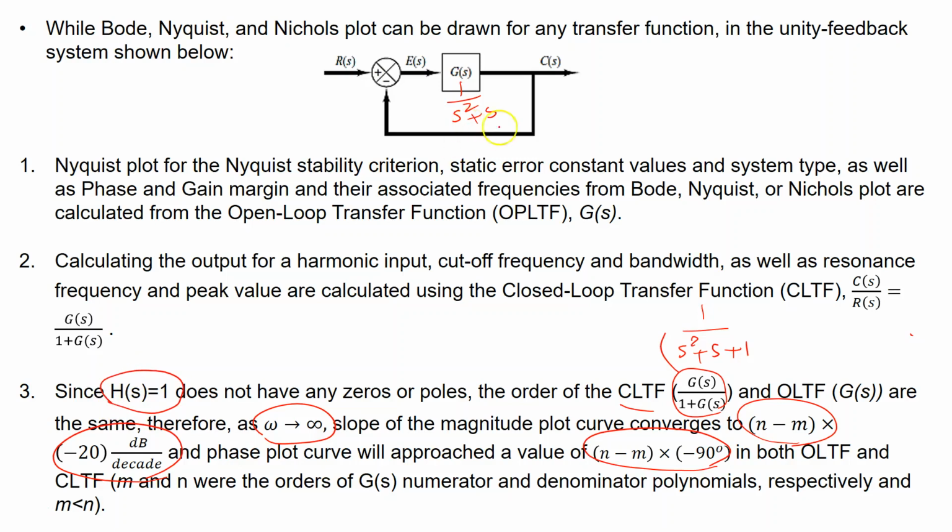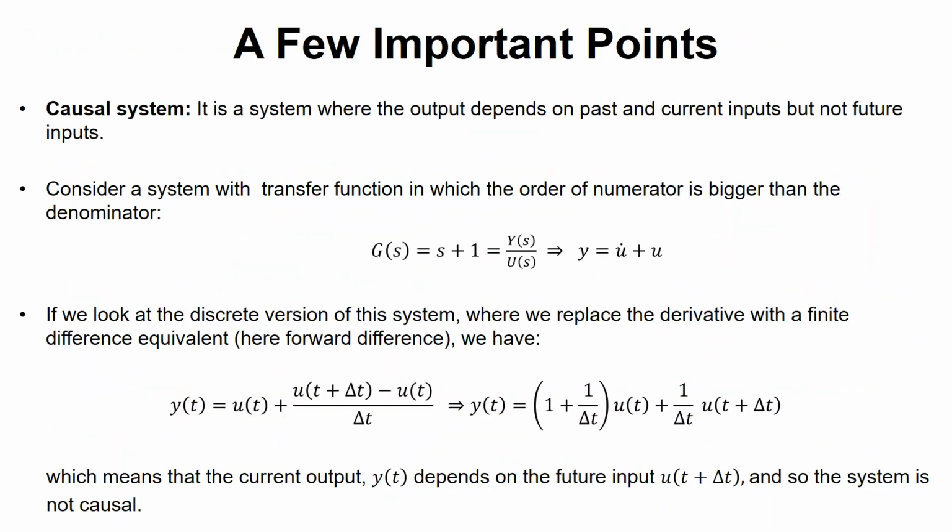But if H is not 1, then the order of closed loop and open loop are absolutely different. Okay, so we keep everything in our class for the moment for unity feedback. So these are the very important things that I wanted to talk to you.